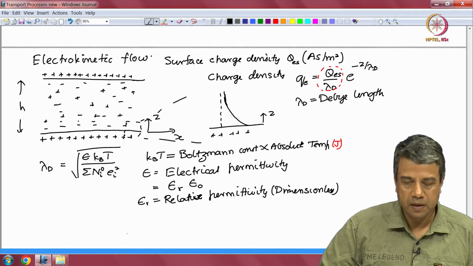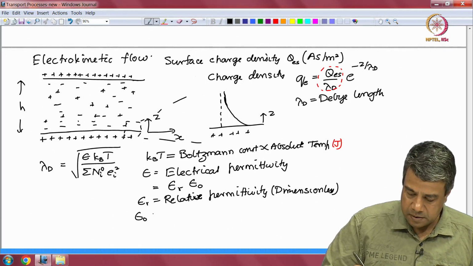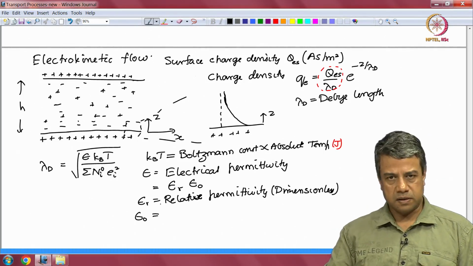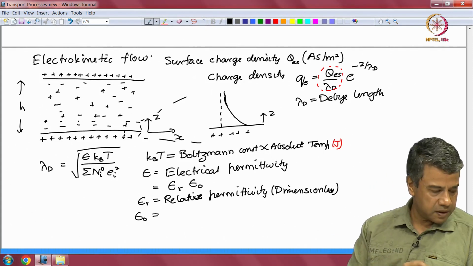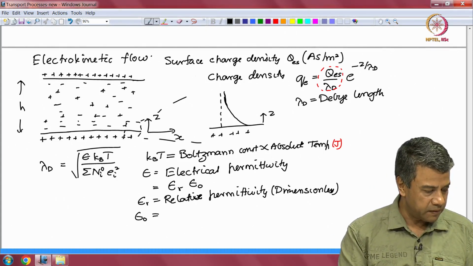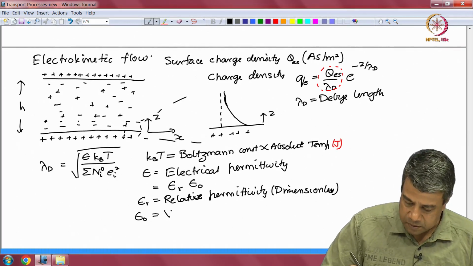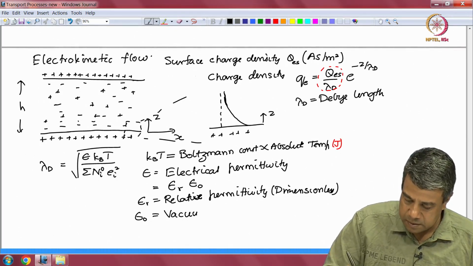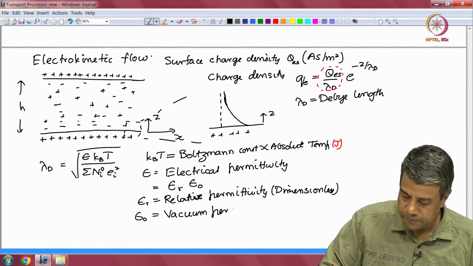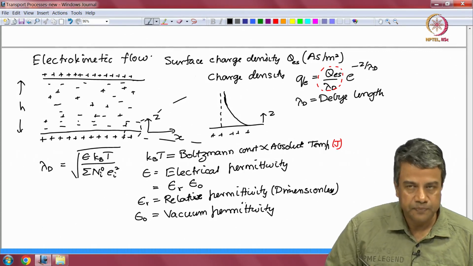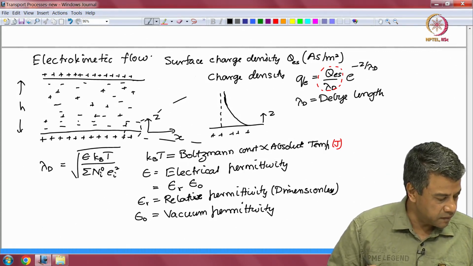It is also called the dielectric constant of the fluid, and epsilon naught is the vacuum permittivity. This is a universal constant, the vacuum permittivity.